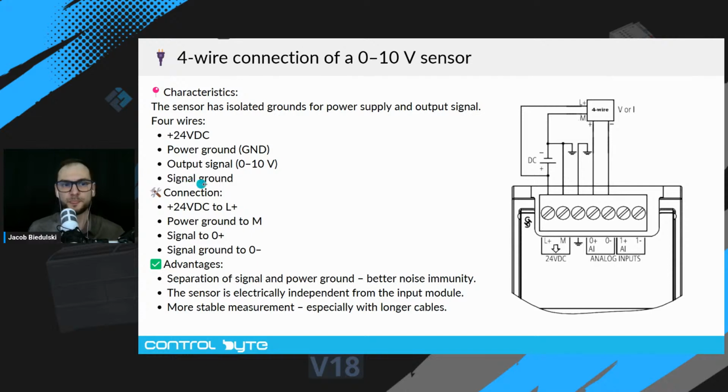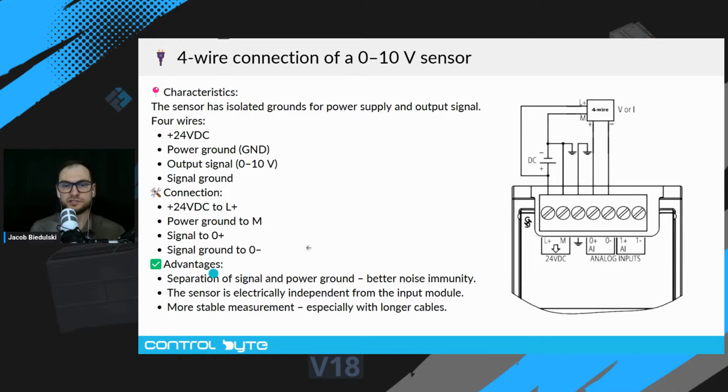The signal has its own grounding wire, okay? And as you can see, there is no bridge between the DC minus negative pole and the minus wire that is connected to the analog channel.